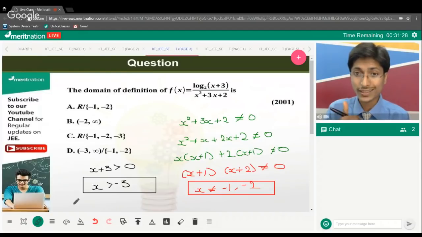The second thing is, anything written inside log has to be greater than 0. So x plus 3 has to be greater than 0. So plus 3 moving on the right hand side will become x is greater than -3. I believe, Ayush, this must be now crystal clear to you. Great. So we have D option with us.